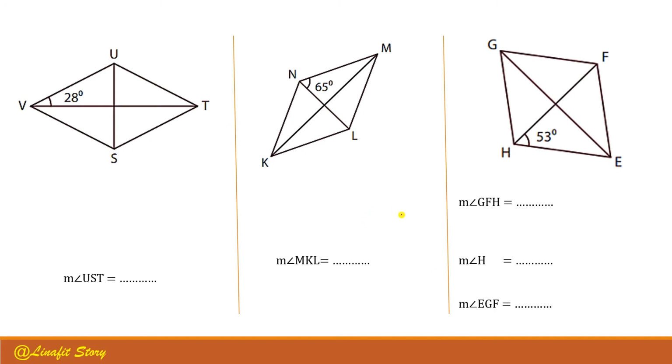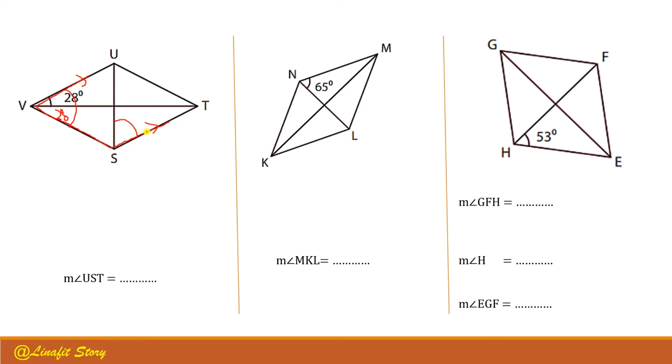Another example of rhombus. So here find angle USC. This is 28 degrees. This is also 28 degrees. So that this is a U shape or C shape.